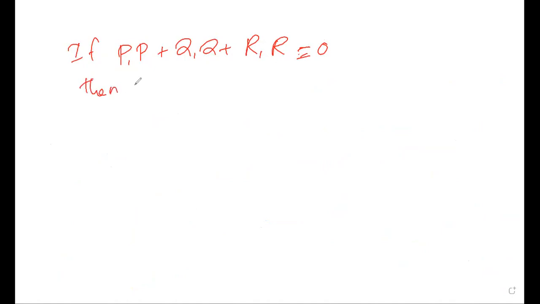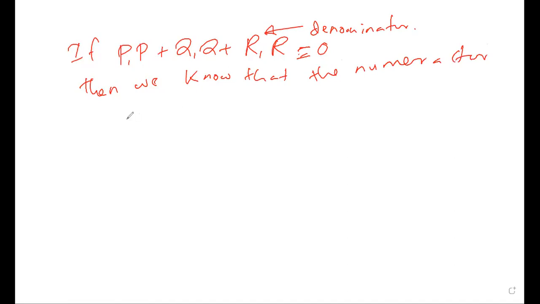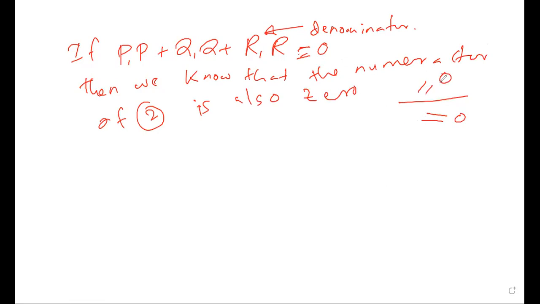Then we know that the numerator of equation number 2 is also 0. So if this one is equal to 0, then this one is also 0, because we have multiplied by the same element and we have added. If it is 0, this is also 0. That's what it says.